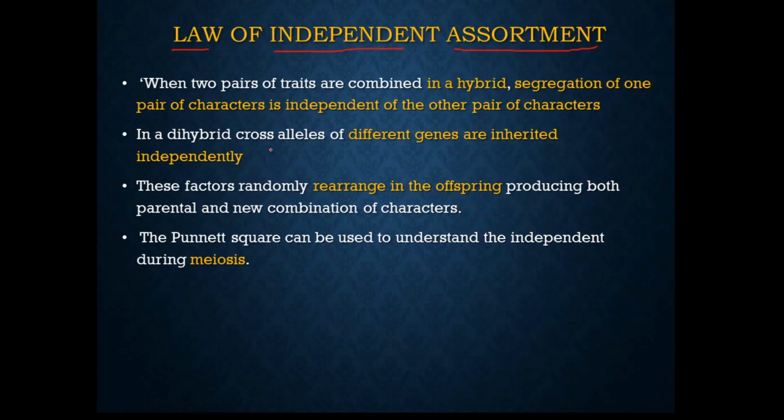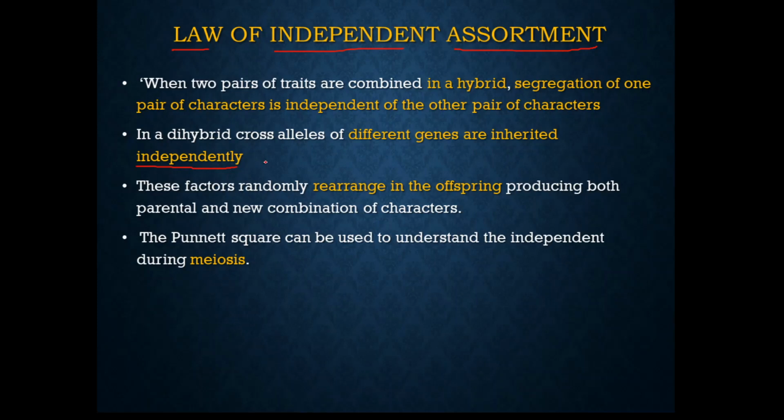So in a dihybrid cross, the alleles of different genes are inherited independently. When we say independently, it means without any hindrance, so it just gives a random possible combination.